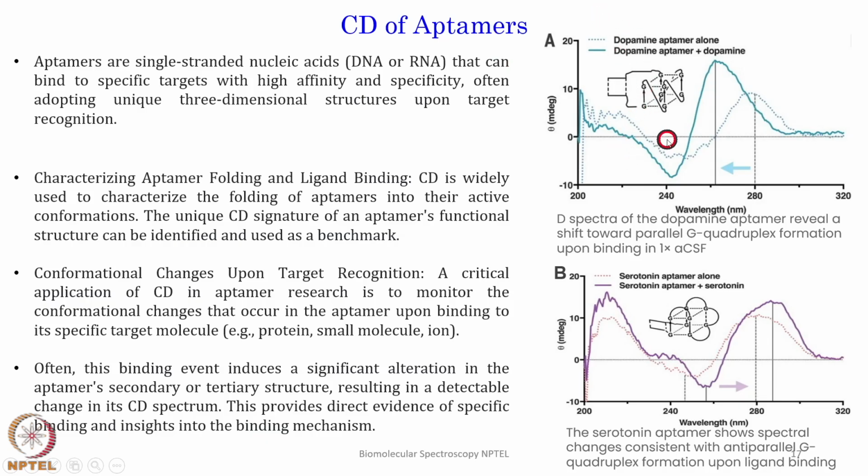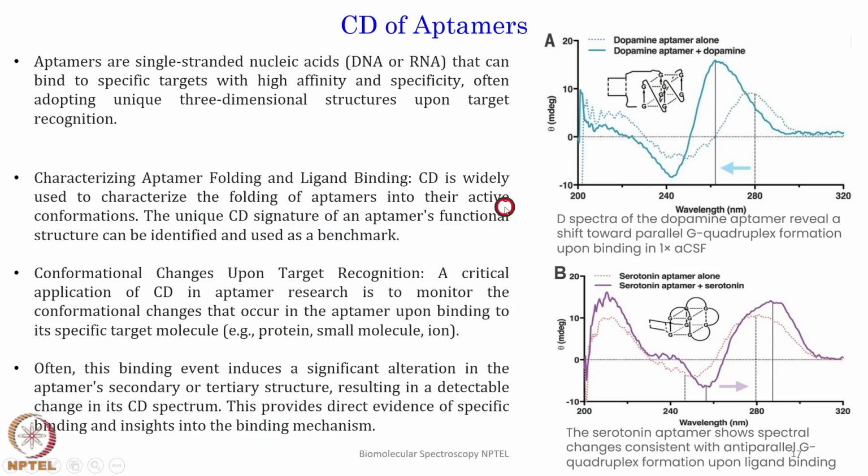You see the dopamine aptamer alone, and then the dopamine aptamer plus dopamine, and you can see the structural transition happening, with a wavelength shift; the absorption spectra are shifting. Aptamers are basically single-stranded nucleic acids, DNA or RNA, that can bind to a specific target, which is why I was saying they are used for detection, and they often adopt a unique 3-dimensional structure upon target recognition. In this case the target is dopamine, and the aptamer adopts a certain conformation.